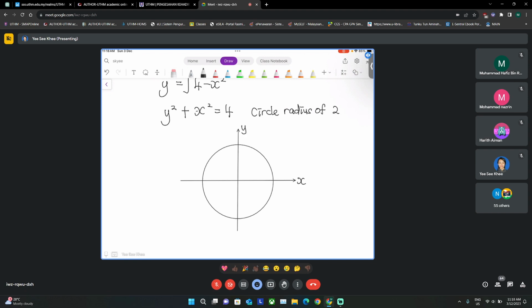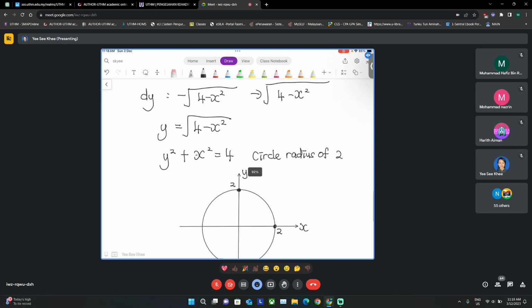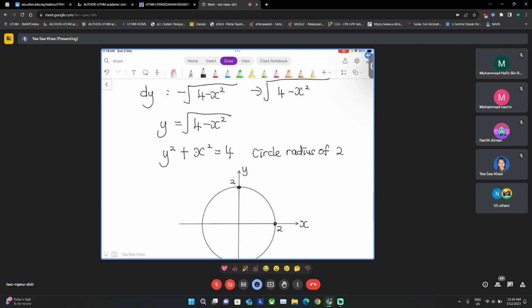This is a circle, and this circle has a radius of 2. So this is the radius of the circle. Let's see again, what is the interval for the y? The y is from the negative part of the circle until the positive part of the circle.